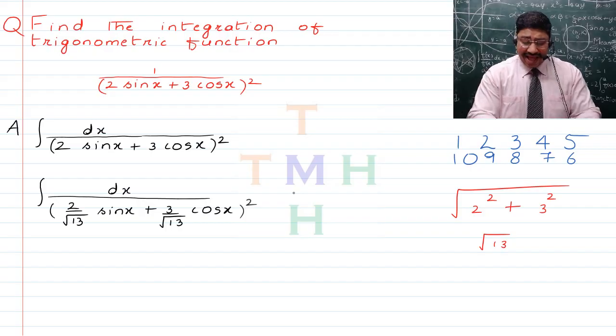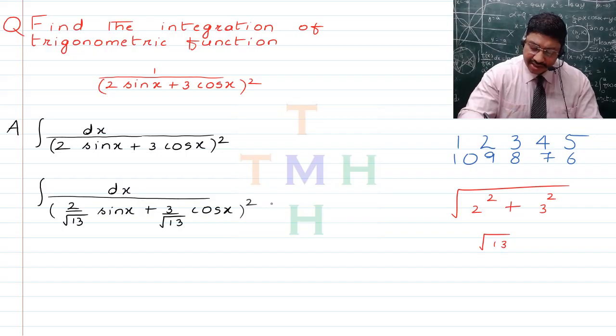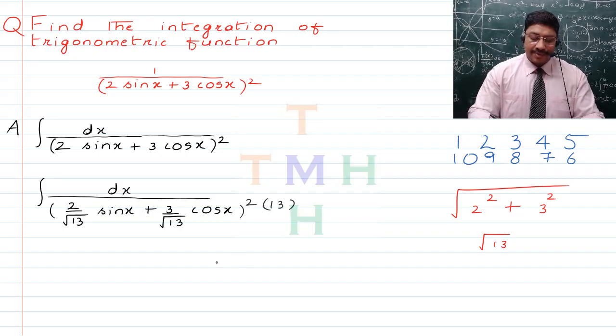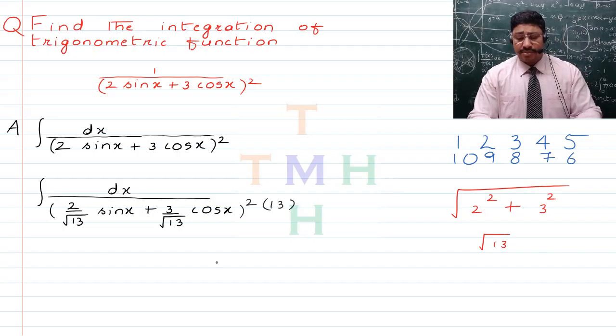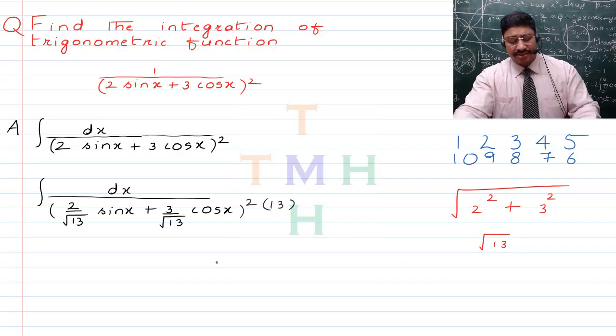Now, one thing, as we have divided by root 13, obviously within the bracket we should have multiplied by root 13, and when it goes out of the square function, obviously it will become root 13 whole square, that is 13, right? So this now is the function, and I want you people to tell me what is the reason that this has been done.